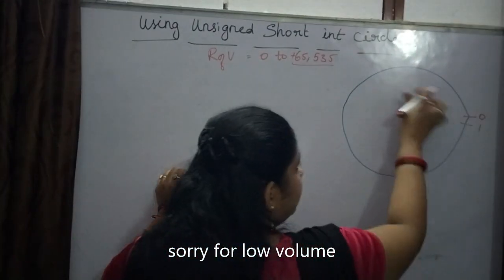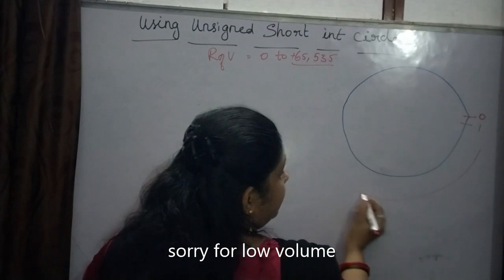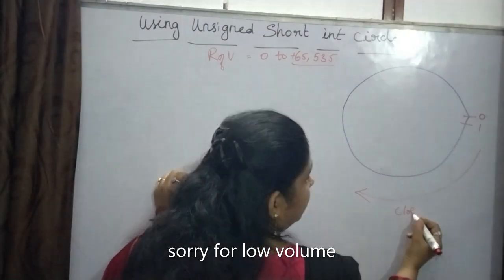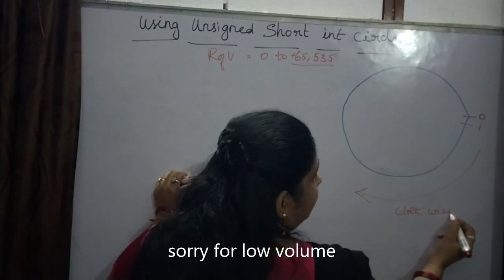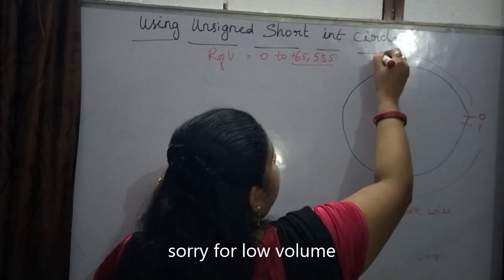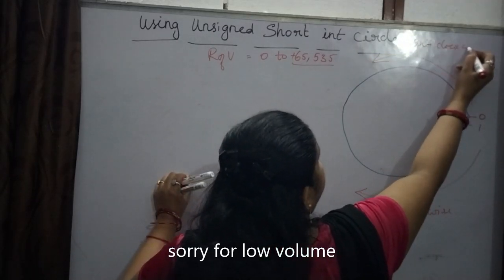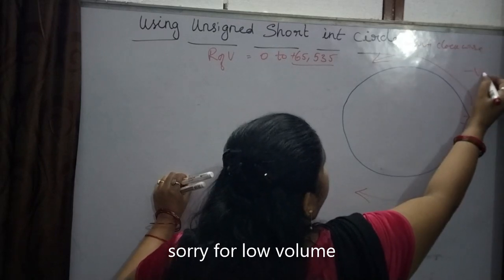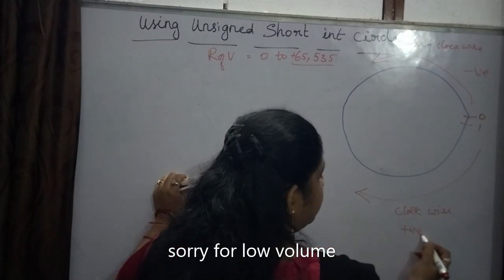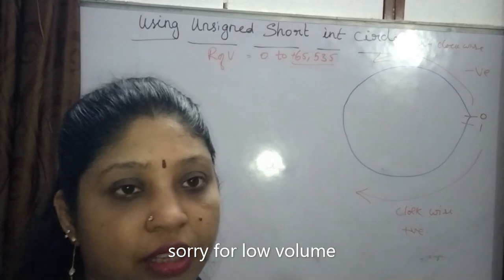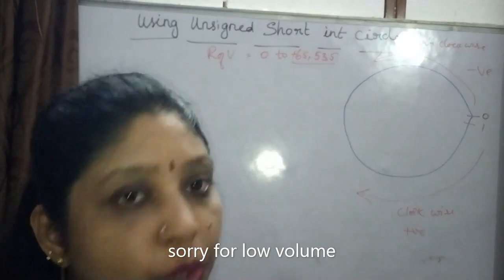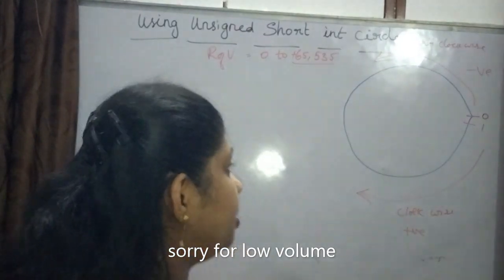Generally in a circle like this, this is the clockwise direction, and like this is the anti-clockwise direction. So this is the negative side and this is the positive side, but this circle has only positive values. Observe how I am writing.